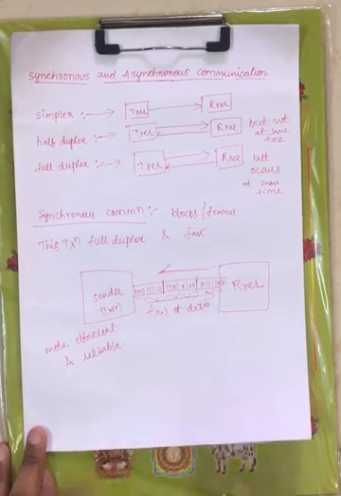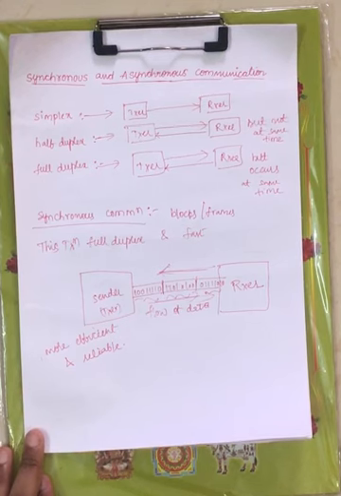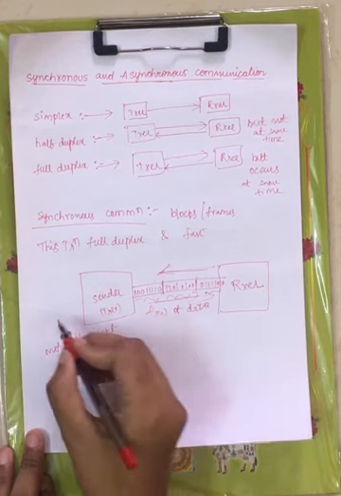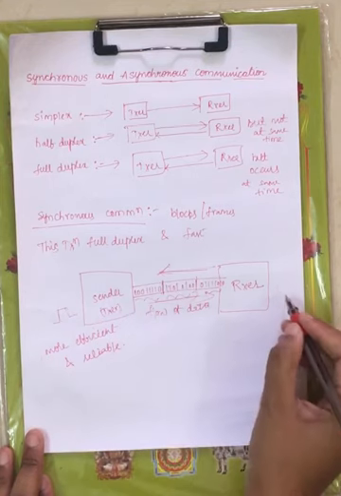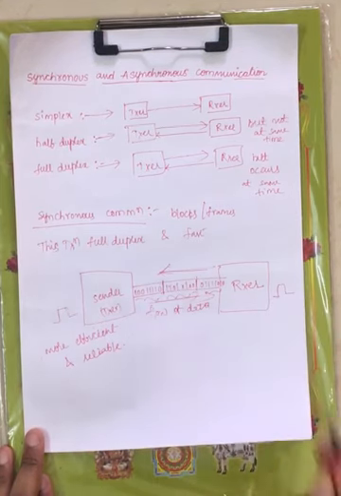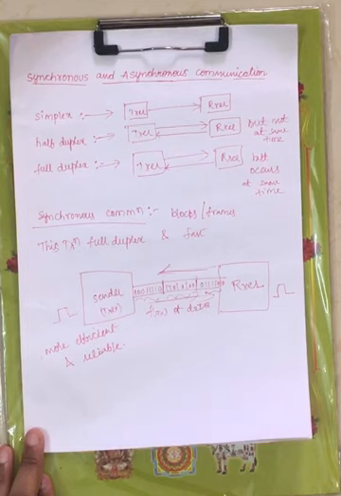Now what is the meaning of synchronous, right? I am saying synchronous, asynchronous. Now here you will use one clock signal. At the transmitter you will have one clock signal, and at the receiver you will have another clock signal, right?